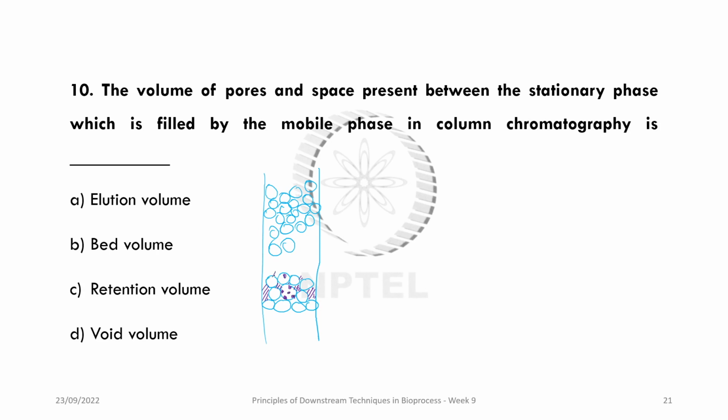So these pores and any space between the packing material, between these beads or any other material or synthetic polymers. Whenever the mobile phase comes in, it's going to fill these pores, these gaps between the stationary phase, interact and then come out. This is the volume that's actually filled by the mobile phase within the column chromatography. So what is this volume called? Is it elution volume, bed volume, retention volume, or void volume?